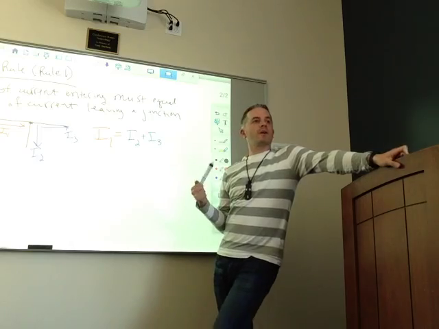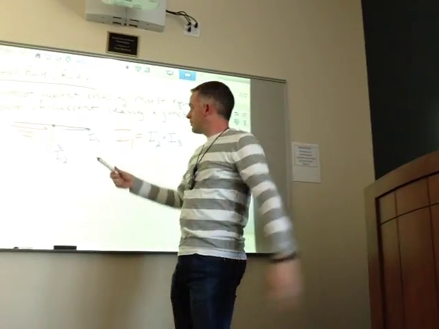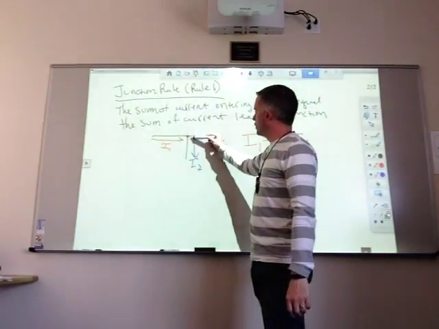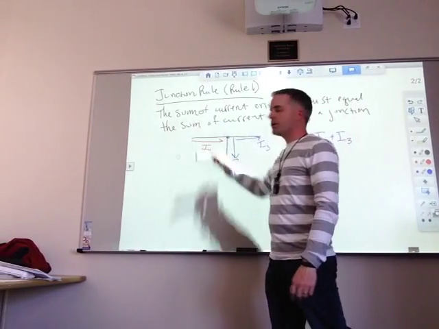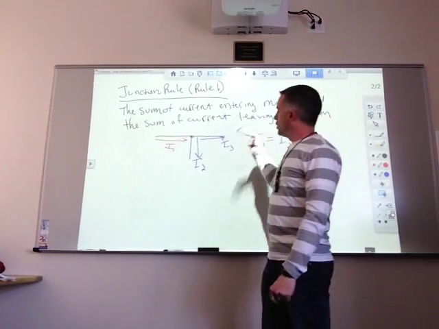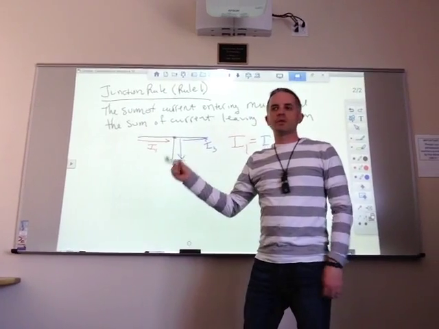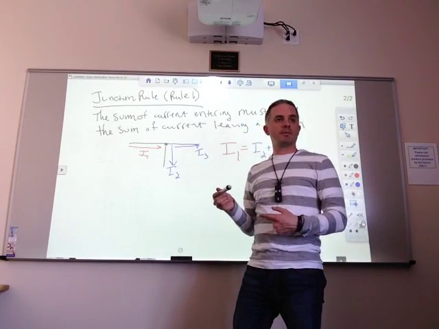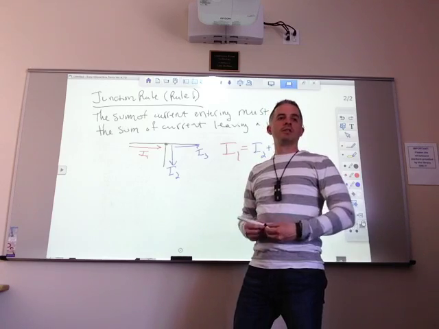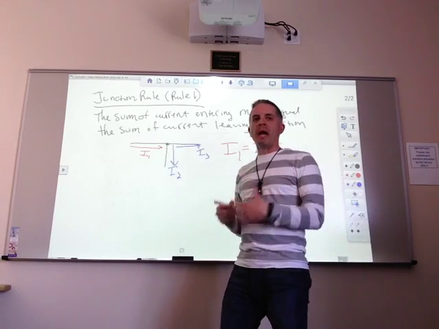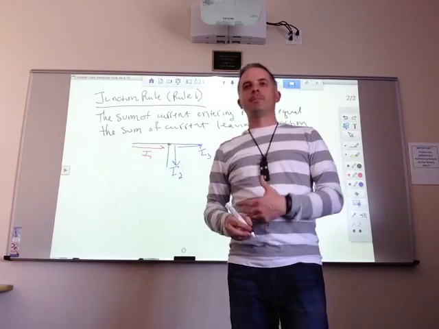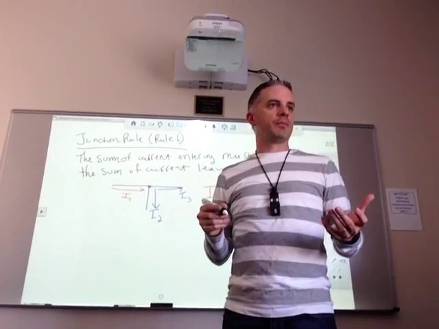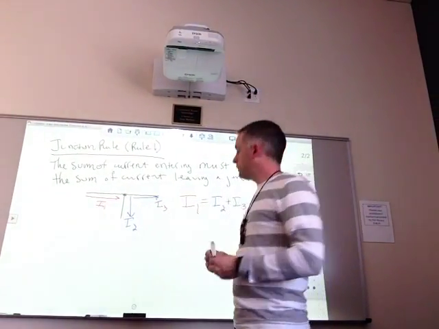If you pick the current to be in the wrong direction, you'll just get a negative current. It just means it's going the opposite direction of what you picked to be positive. Does that make sense? So there's no penalty for choosing the wrong direction. Not a big deal.